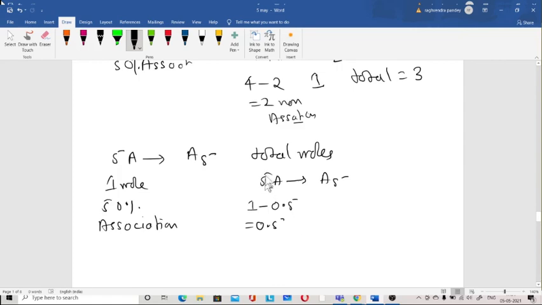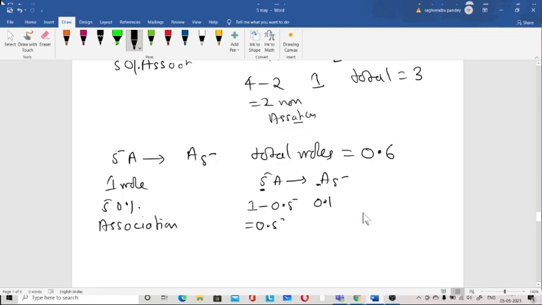Now you see, 5 is giving 1, so 0.5 will give 0.1, sorry, 0.1. 5 is giving 1, so 0.5 will give 0.1, isn't it? So total 0.6. Total moles are 0.6. Yes.